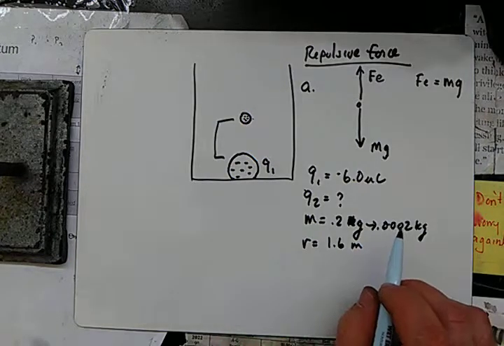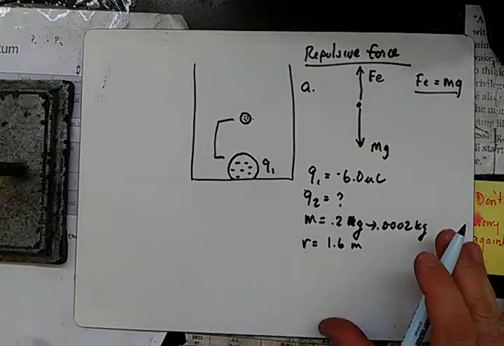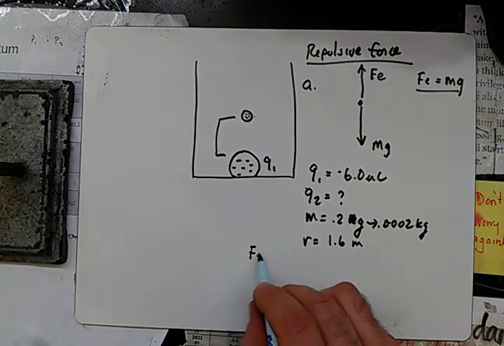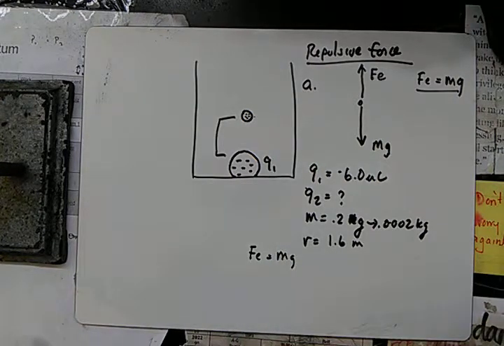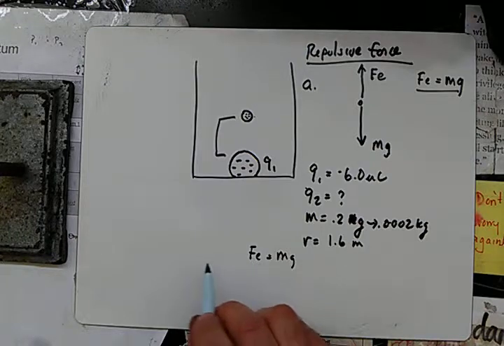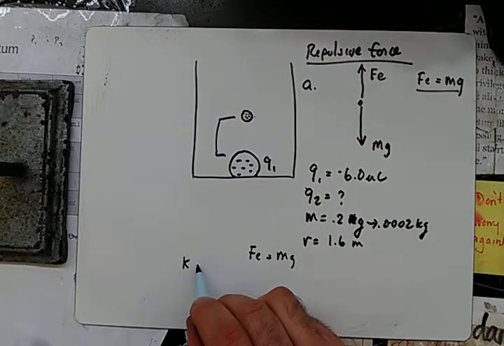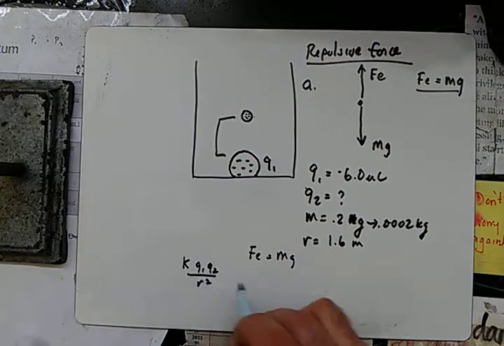So we know that the electrical force is equal to mass times gravity. So I'm going to bring this right down here. Electrical force equals mg. We also know that the electrical force is equal to K Q1 Q2 over R squared.